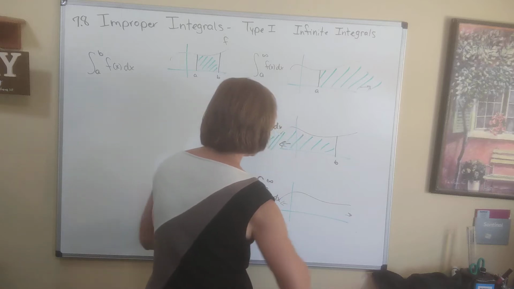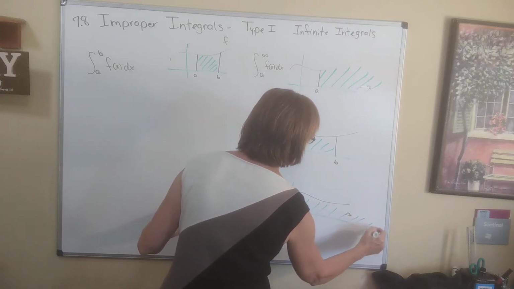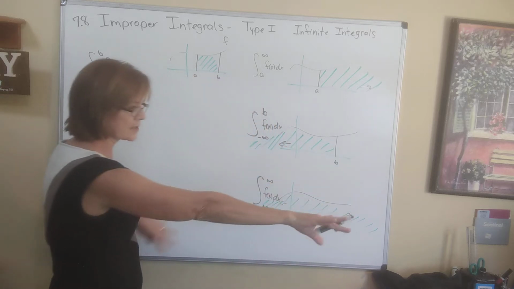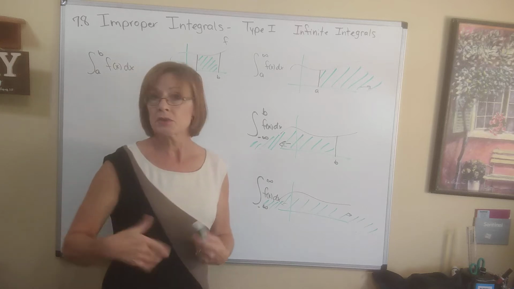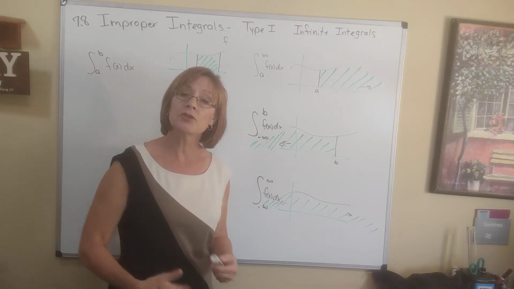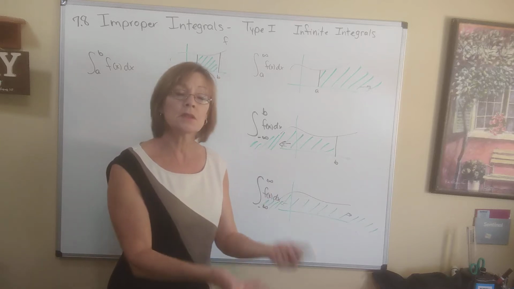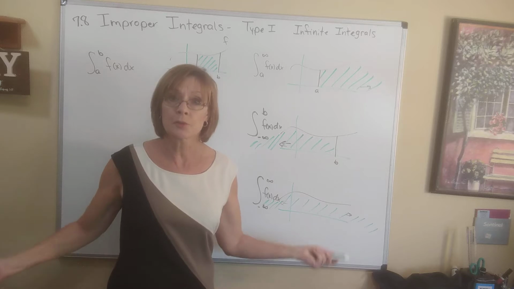All of this area. Is it possible to calculate the area under the curve in both directions forever? So, it may diverge, which means we can't get a number out for that. Or it may converge to a value, and we say, oh, this is the area as it goes on infinitely in this direction or that direction or both.